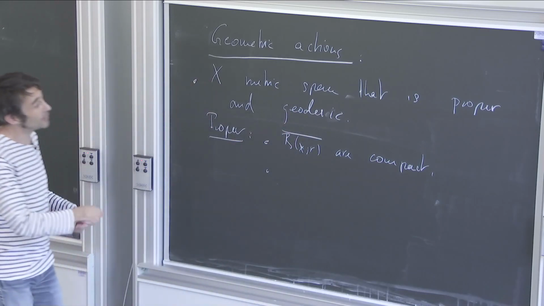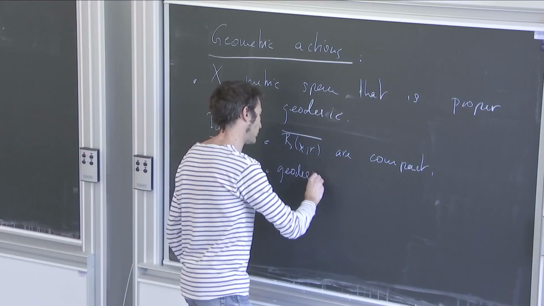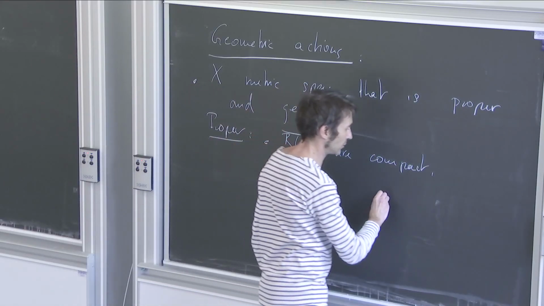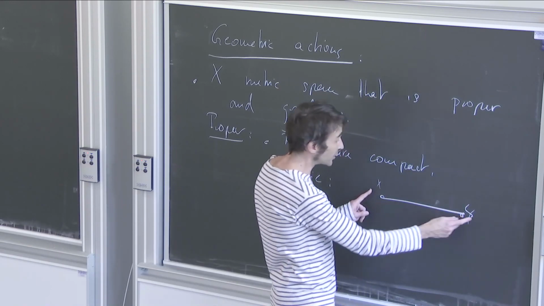And geodesic means that between two points, I always have a curve, the length of which is exactly the distance.